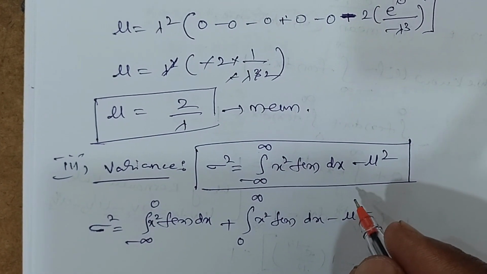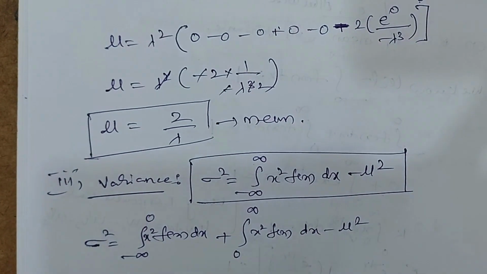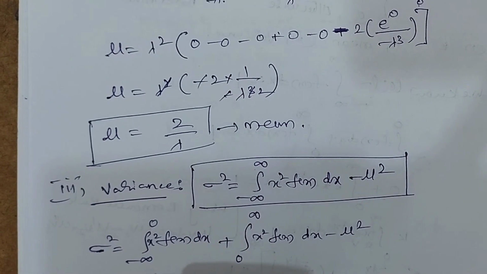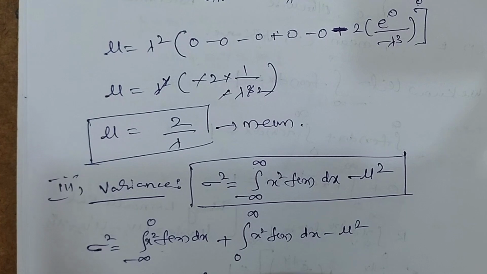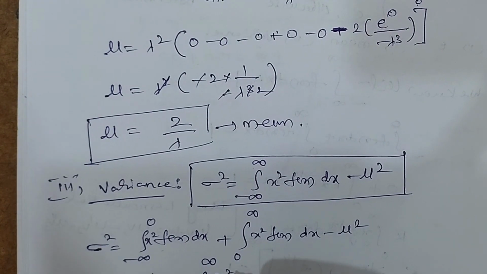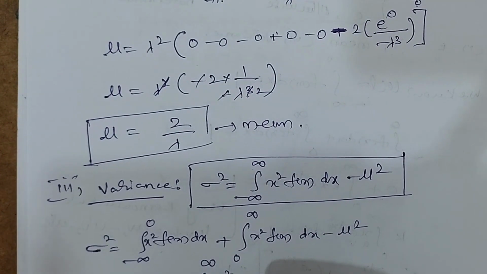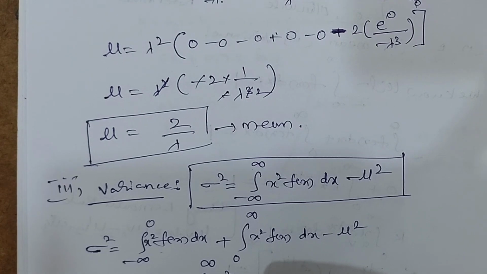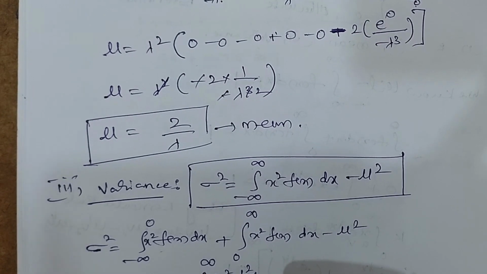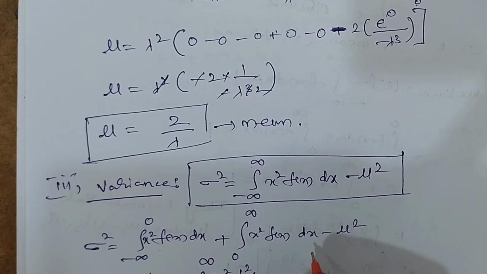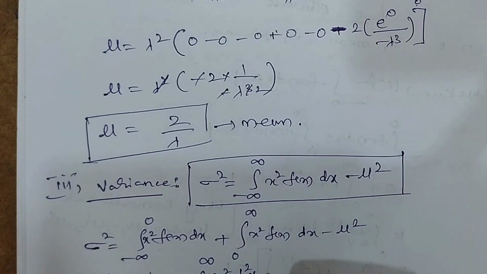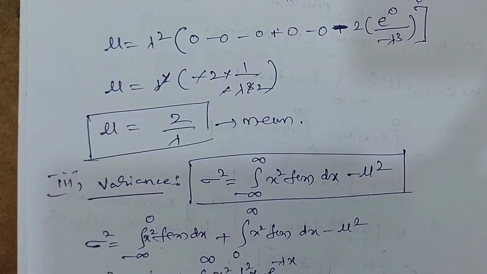So next, sigma square is equal to, the first part is 0, since f of x is 0 there. Next, 0 to infinity x square into f of x, where f of x is equal to lambda square into x into e power minus lambda x.